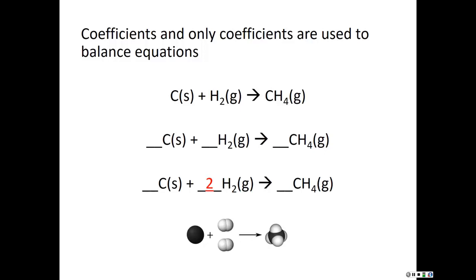So to go about balancing this, we break it in parts again, and then we just count up what we've got. We've got 2 carbons, 4 hydrogens, and 2 oxygens on our reaction side. 1 carbon, 2 hydrogens, and 3 oxygens on our product side. So now it's really a matter of trying different things and finding out what works.